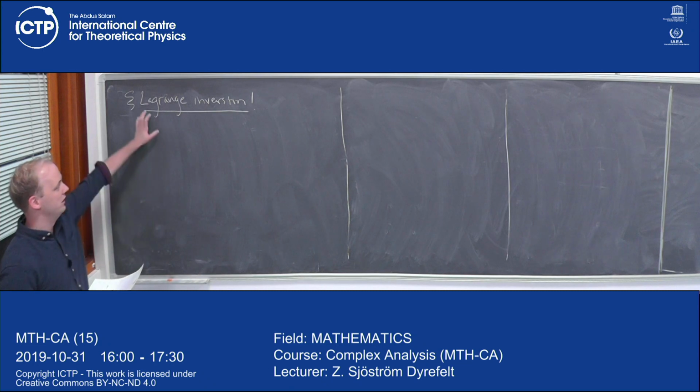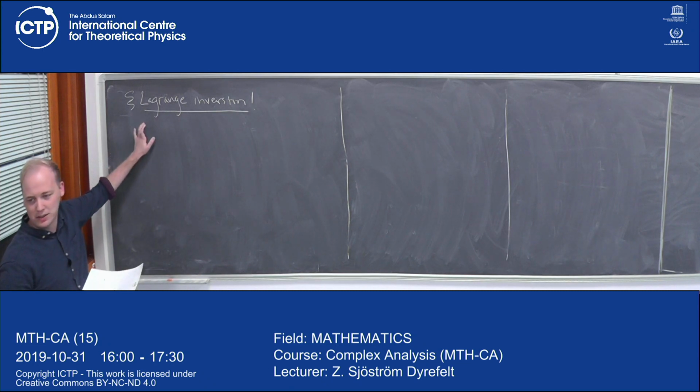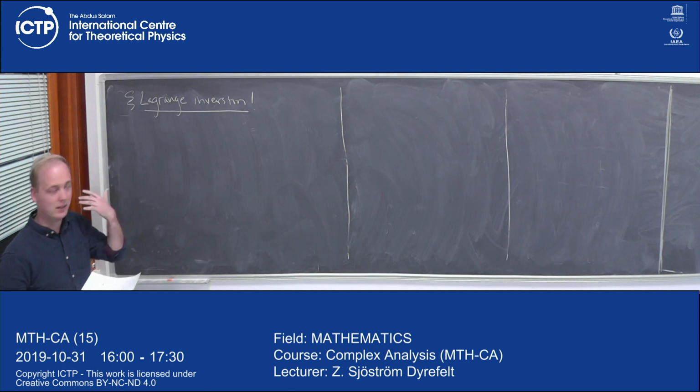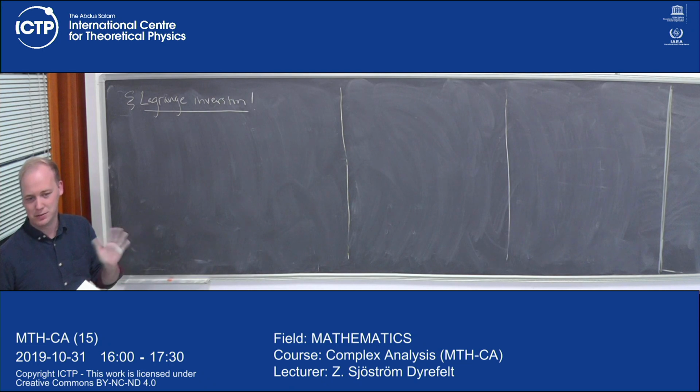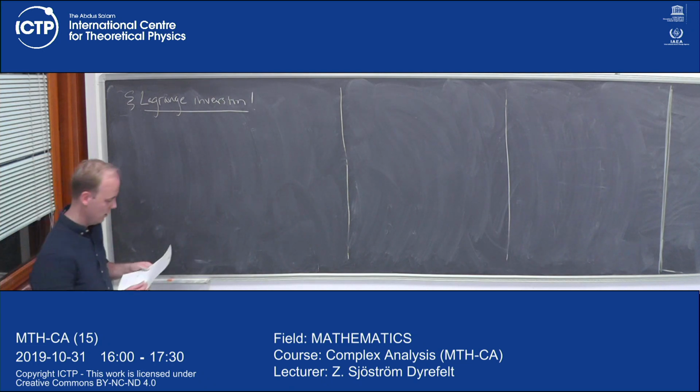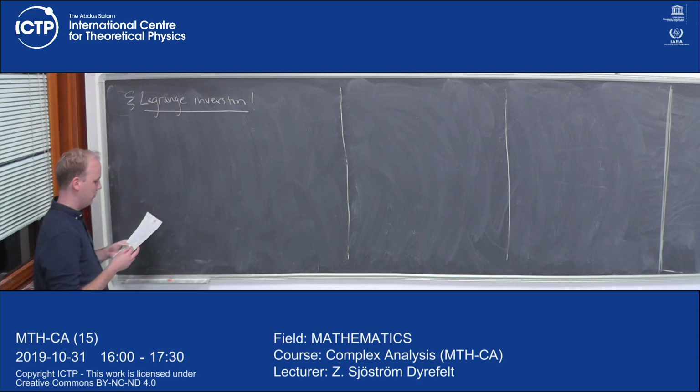So Lagrange inversion continues naturally the topic that we talked about the past days, right? We talked about locally invertible holomorphic functions. So we said that a function has a local inverse if and only if the derivative at that point is non-zero.